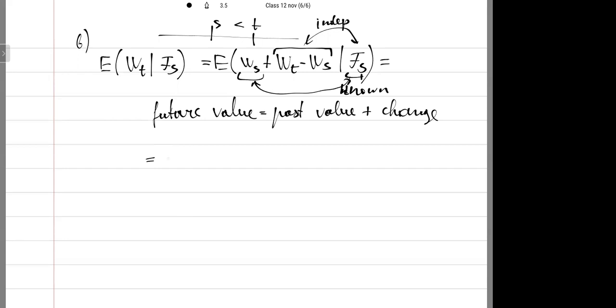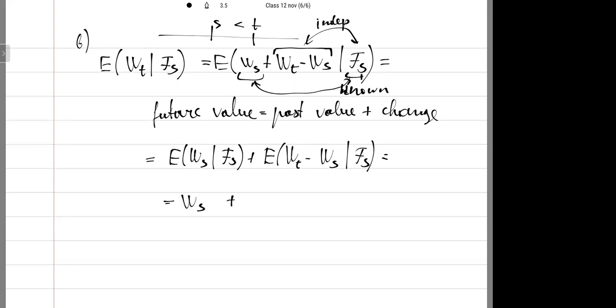By linearity, it's the expected value of Ws given Fs plus the expected value of Wt minus Ws given Fs. The first is completely known to me: my best prediction of Ws, if I know it, is Ws. My information in the second case is completely useless for prediction, so I use the ordinary unconditional expected value, and it's 0. So is it a martingale or not? Yes, it's a martingale.